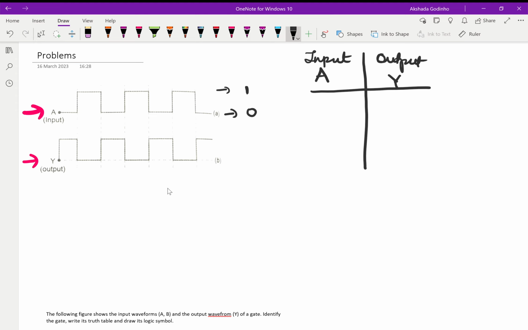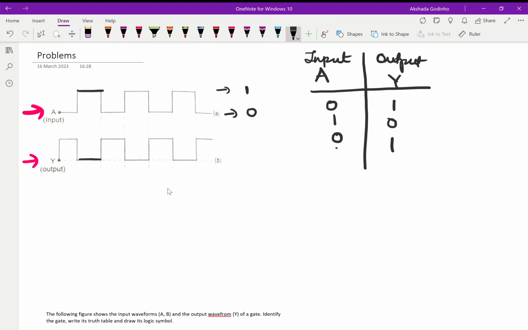So the first one, the input value is at the 0 level, but the output level is 1. Here the input level is 1 and the output is 0. Then the third one is input is 0, output is 1.